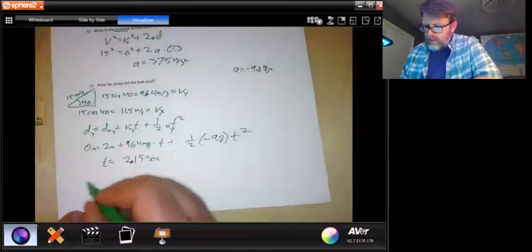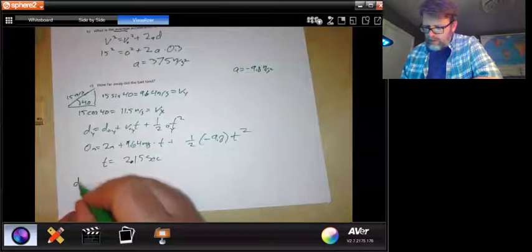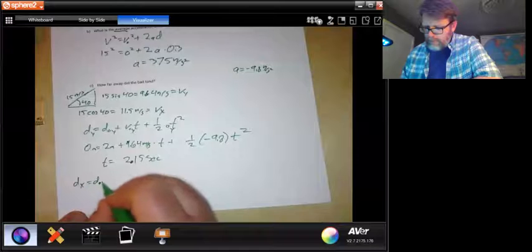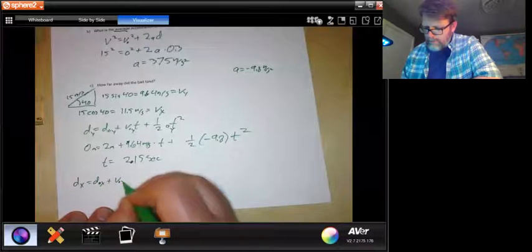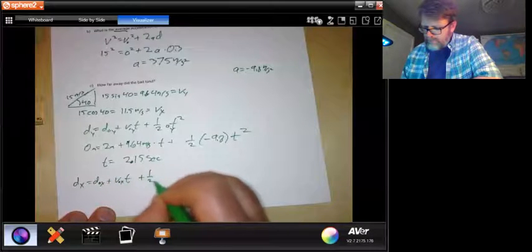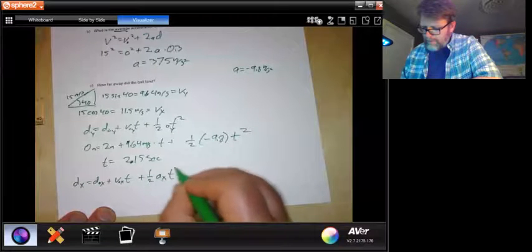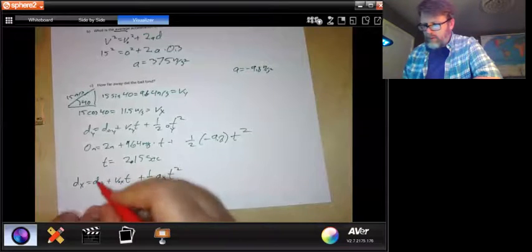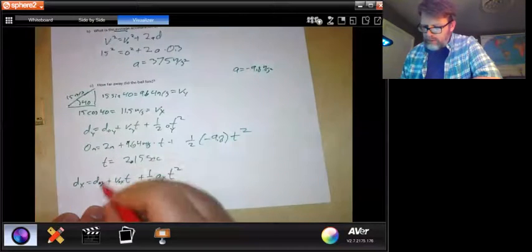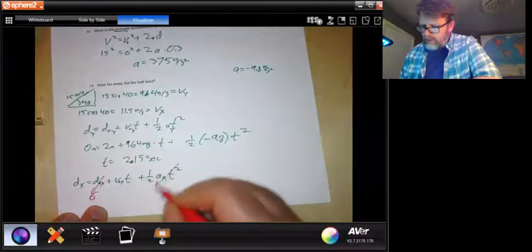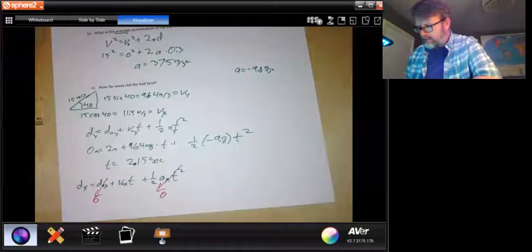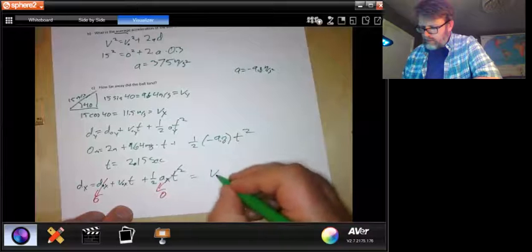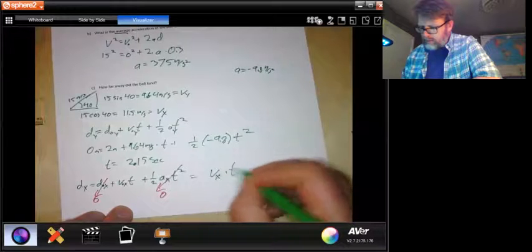Okay, now we could do the same thing here in the x. But we've done these equations a few times before, and notice we're starting at the origin and we have no acceleration in the x. So we can just rewrite this as velocity in the x times time.